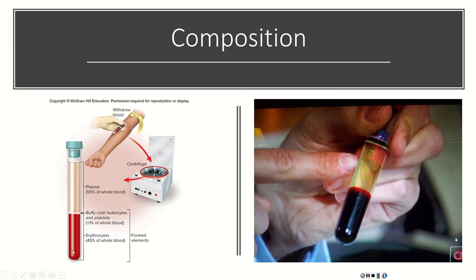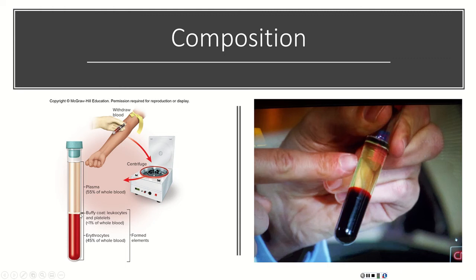And this is actually where we find the red blood cells, which are scientifically called erythrocytes. We'll get to that word a little later. But the red blood cells are down here at the bottom. Then we have the plasma, which is the least dense. Plasma is the liquid part of blood, and it's up here at the top.